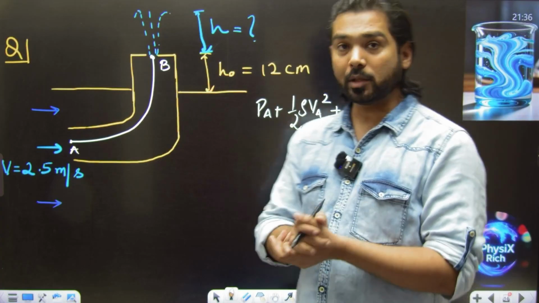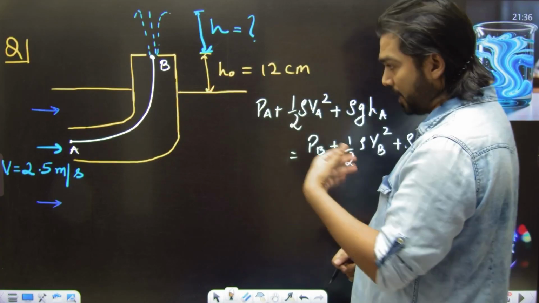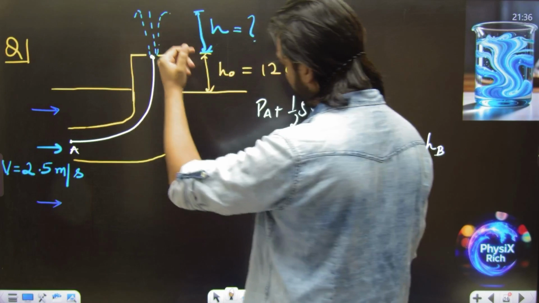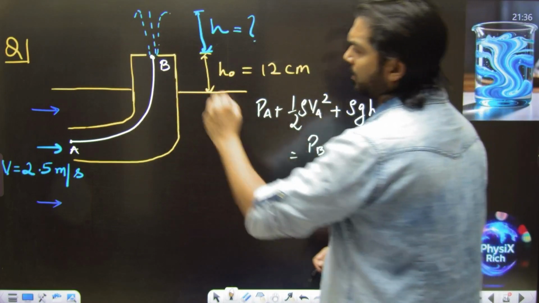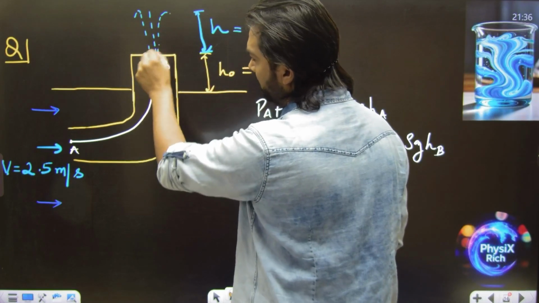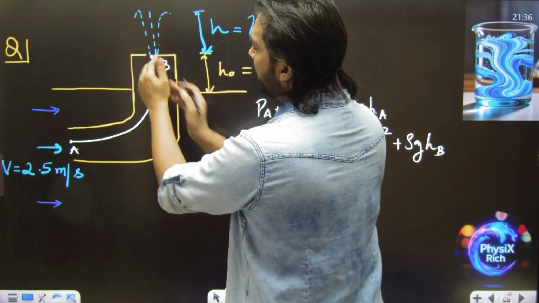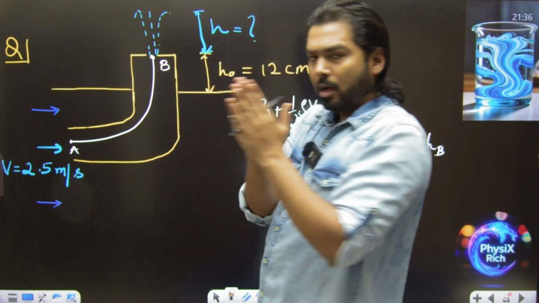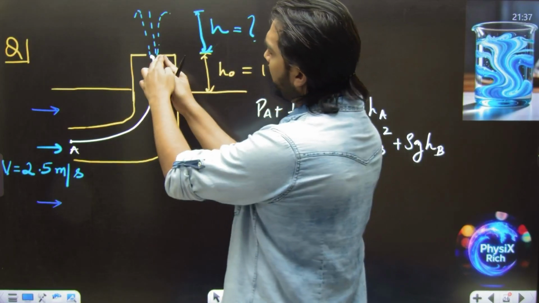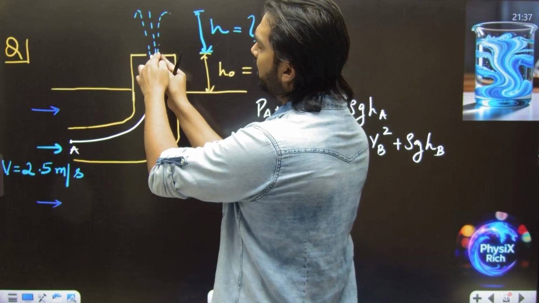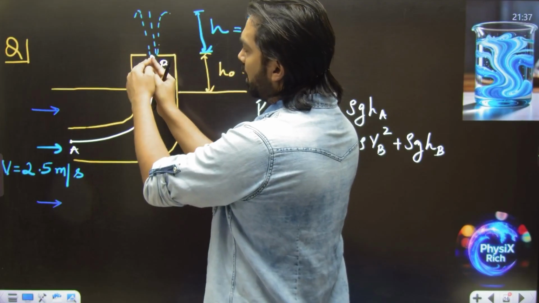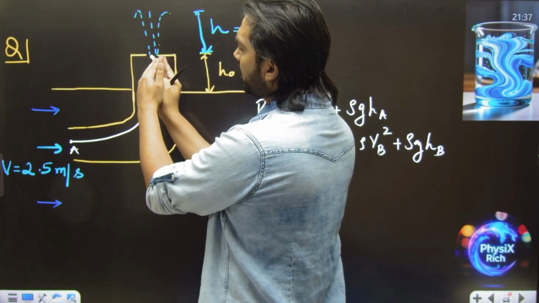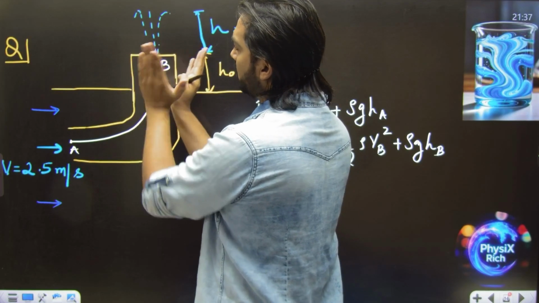Secondly, we have to assume that the static pressure at point A and point B is equal. See, what is happening at point B? This point B is at the end of this streamline, and right after the fluid goes out, we can assume that the streamline ends over here.